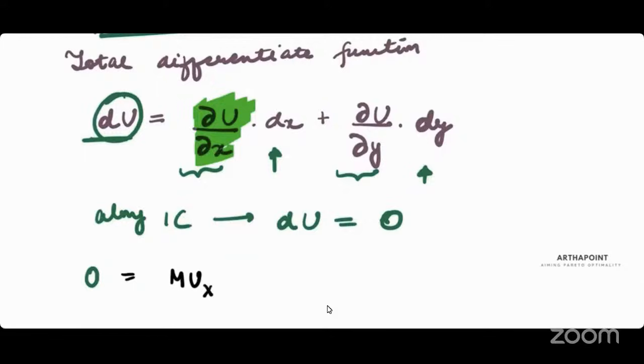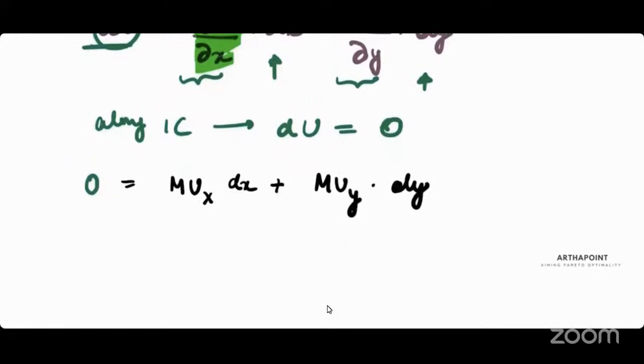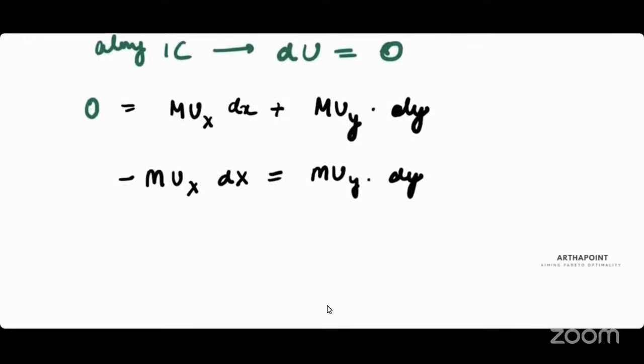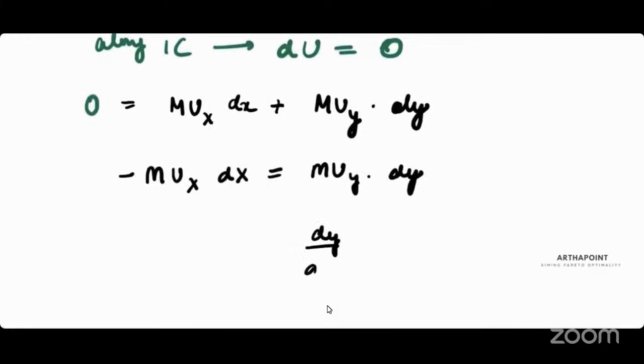The additional utility you get when you consume one more unit of x, into dx, plus marginal utility from y into dy. You solve for this and you get minus MUx dx is equal to MUy dy. And from here, you get dy by dx is equal to minus MUx by MUy.